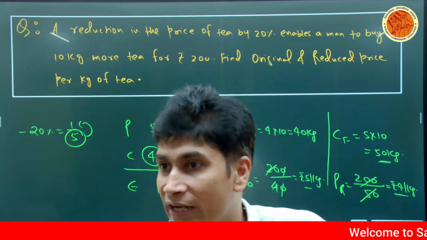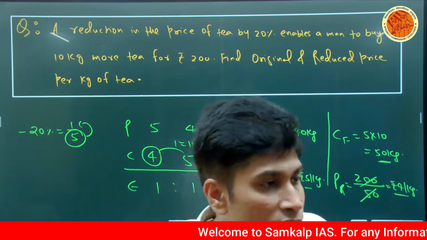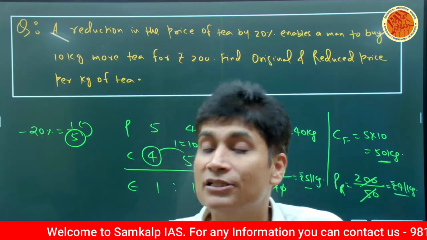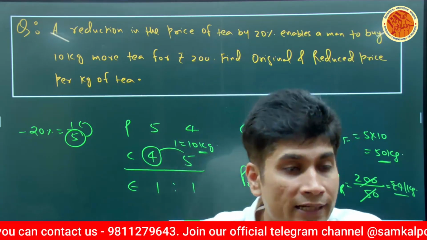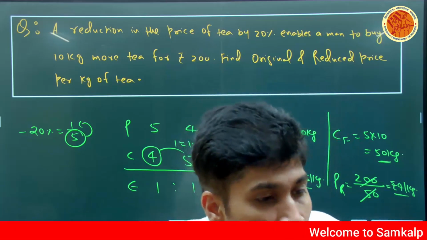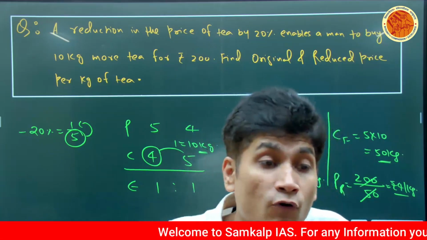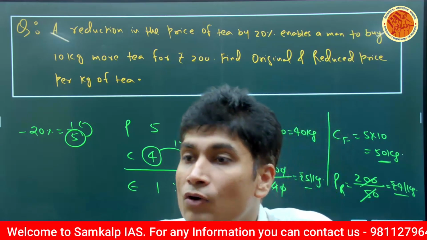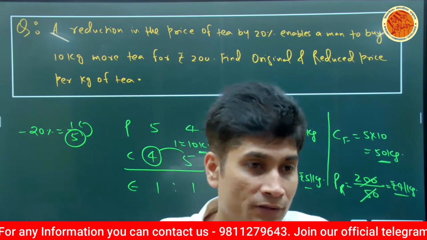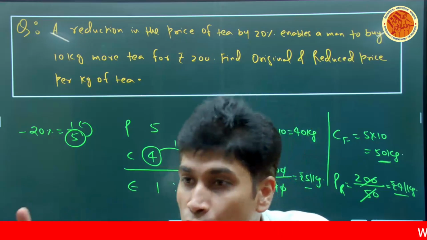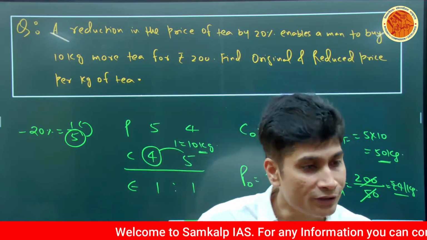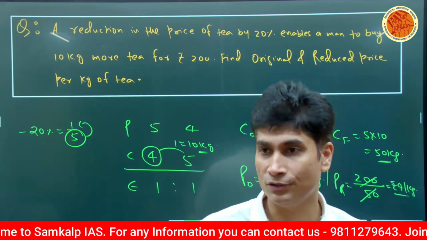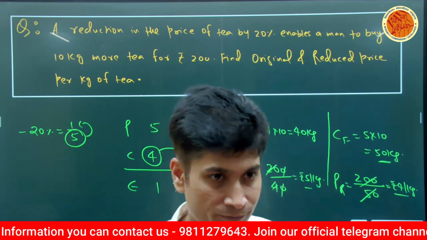Before providing the usual quantity, I tell you the actual situation: since the price of tea got reduced, for this 200 rupees you will now get more tea. So there are two situations. I'll give you two options.